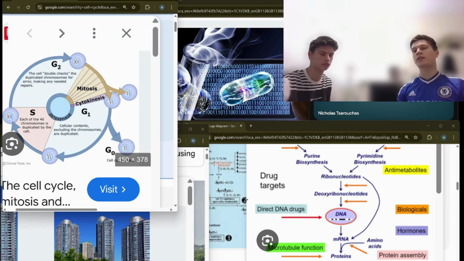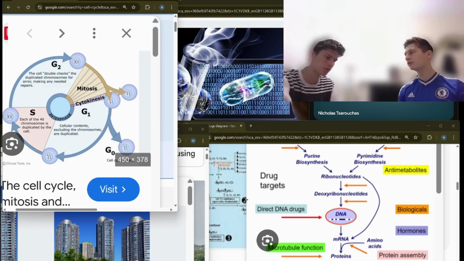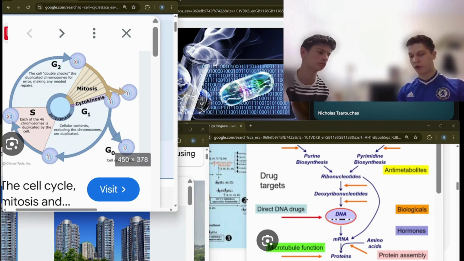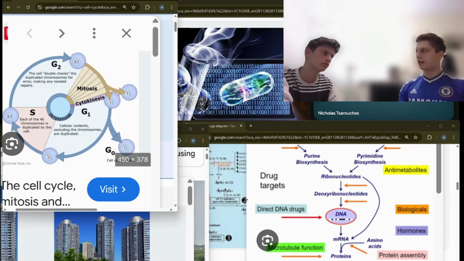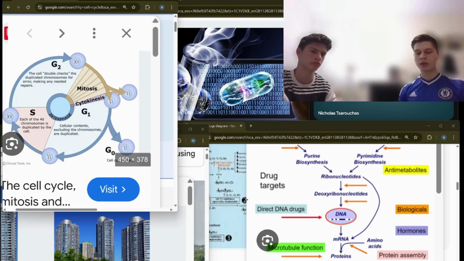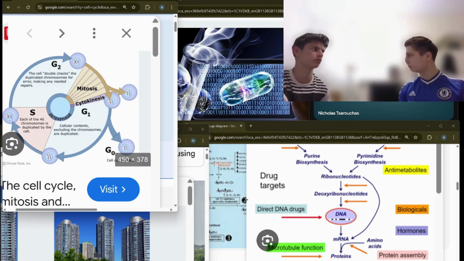So a lot of these will be cell cycle proteins, things like cyclins, CDKs that are involved for cycling between the different stages of the cell cycle. And in these pathways, you have two different types of proteins or mediators. You have oncogenes and you have tumor suppressor genes.